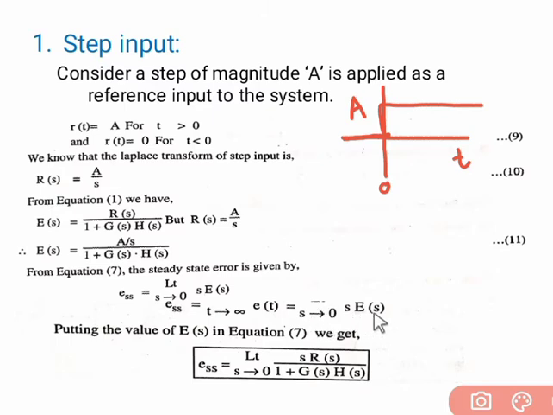So if you put the value of E(s), the steady state error e_ss equals limit s tends to 0 s E(s), where E(s) equals R(s) divided by 1 plus G(s)H(s).